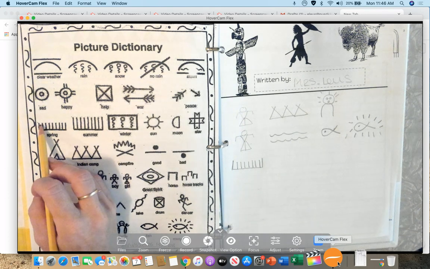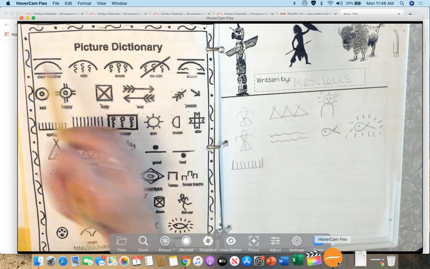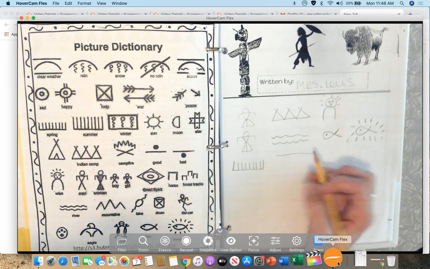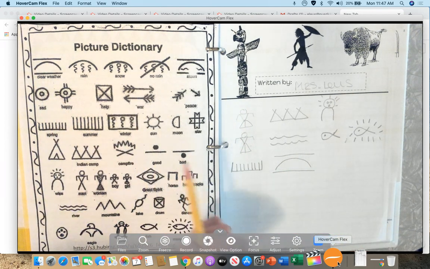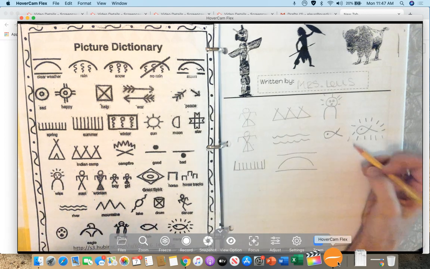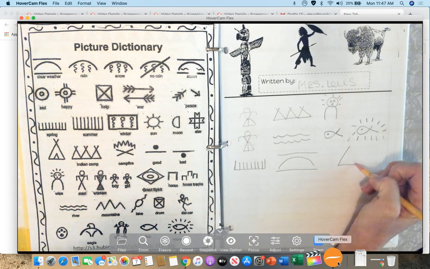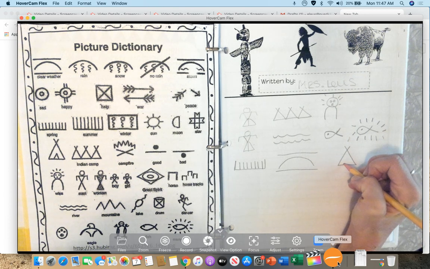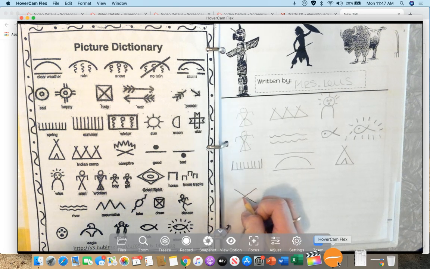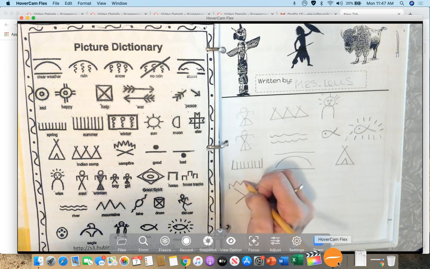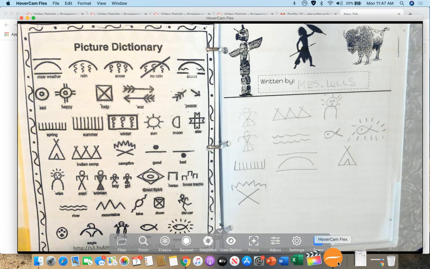It was springtime, and it was clear weather. Then I'm going to say that she went back to her home and made a campfire.